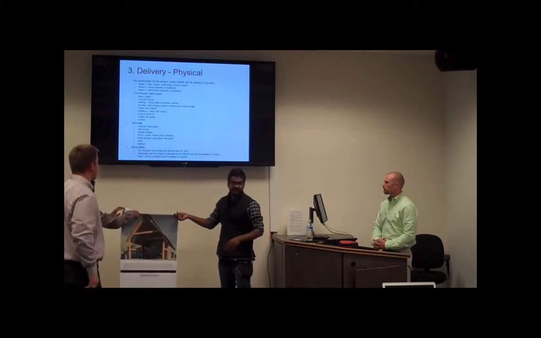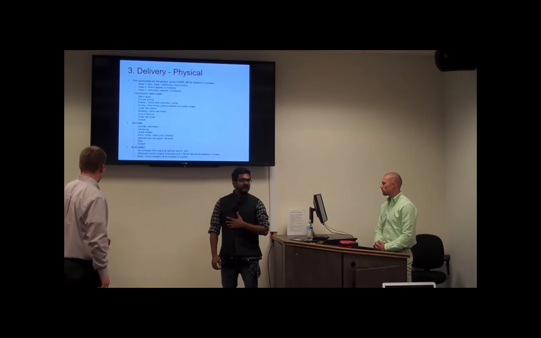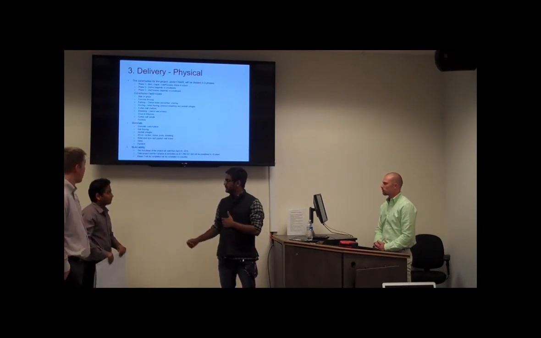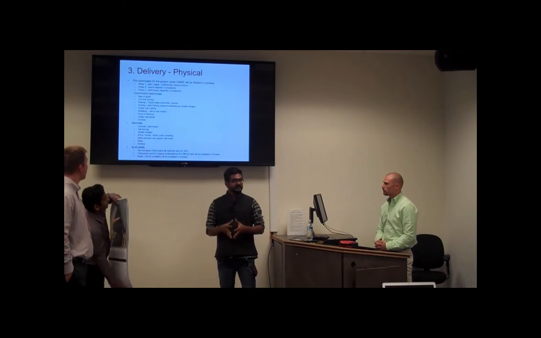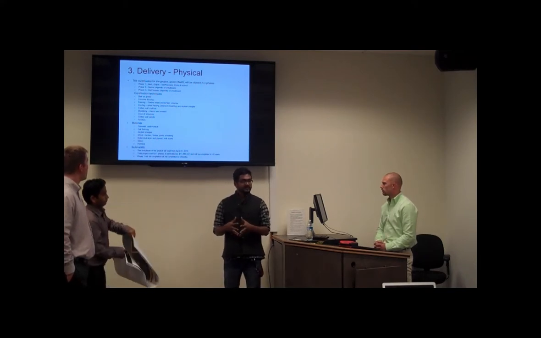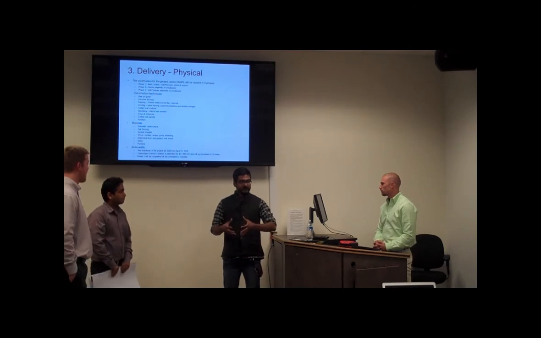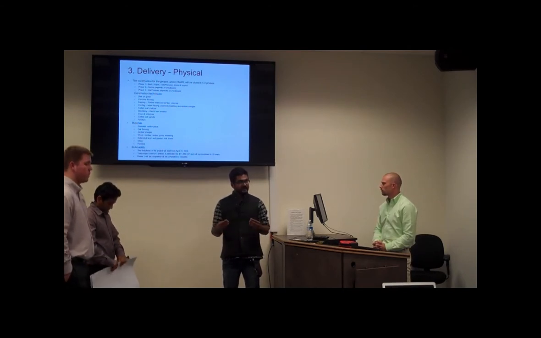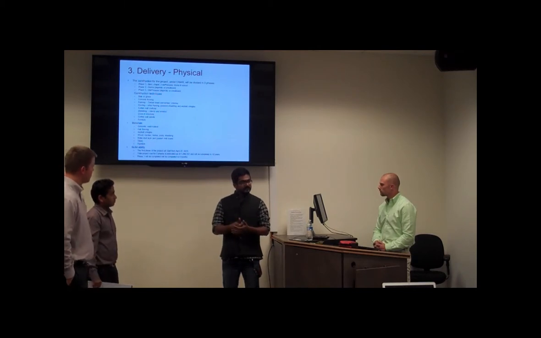Well, as far as construction goes, for the first phase, we are spending around $12 million. We're going to use construction management at risk as a project delivery, where the construction manager would be under the owner, as well as the architect would be under the owner, and the construction manager would come in at the start of the project.